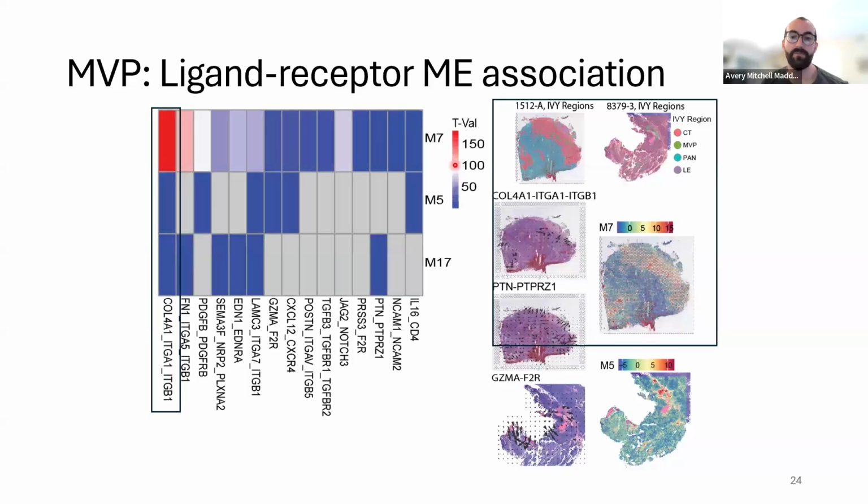And this integrin signaling was identified specifically acting on endothelial and mural cells here within the MVP. This helps paint a picture that integrin signaling is helping to drive the angiogenesis specifically here within the MVP, based on its association with M7.